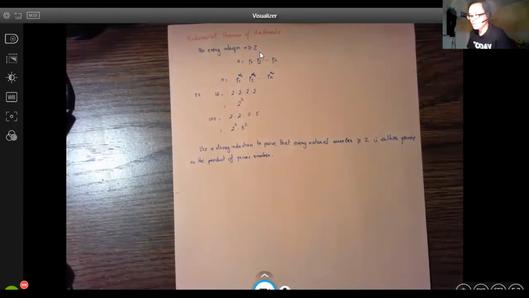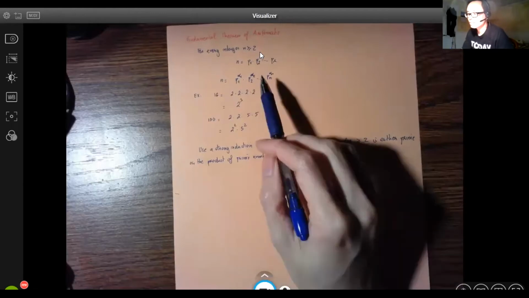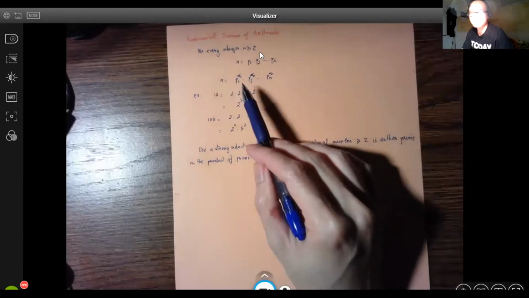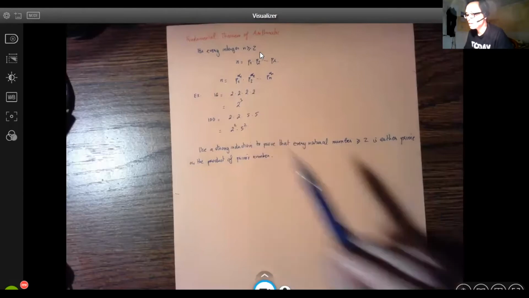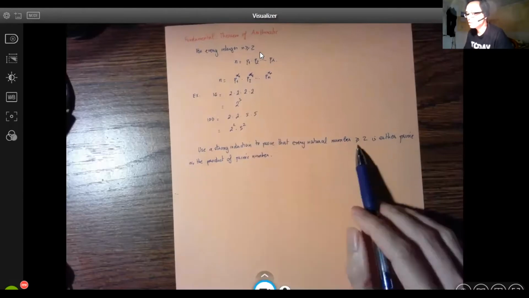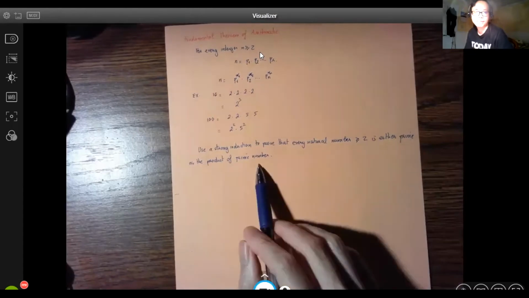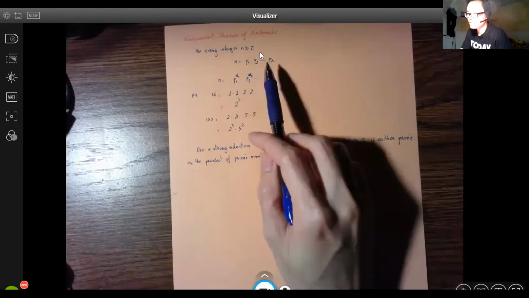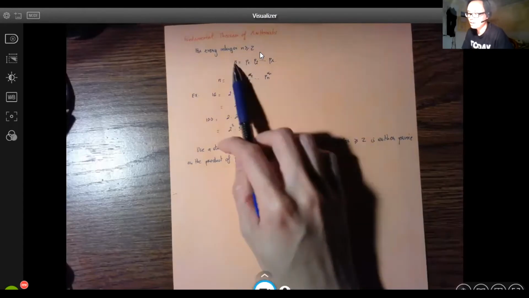Okay, but they never say to use strong induction to prove that every integer greater than or equal to 2 can be written as the product of powers of distinct primes. They never say like that. They just say to use strong induction to prove that every natural number greater than or equal to 2 is either a prime or the product of prime numbers. So if you read the question, it's kind of just like this part only, not this part.